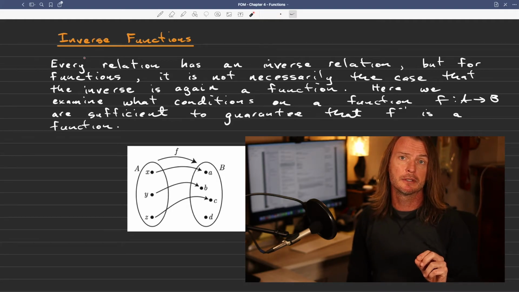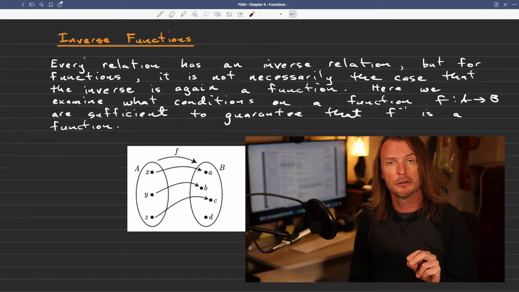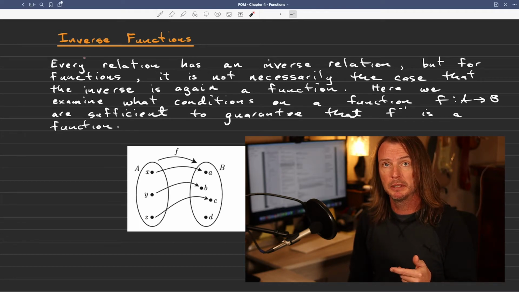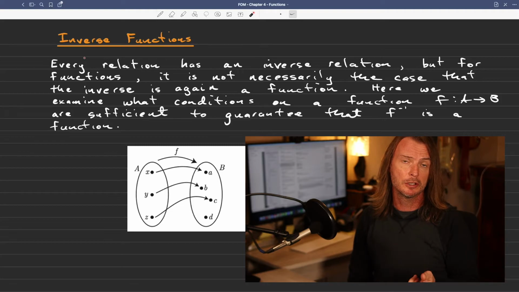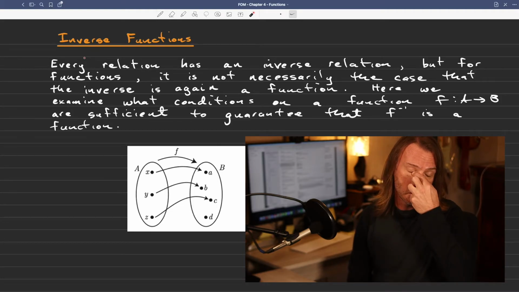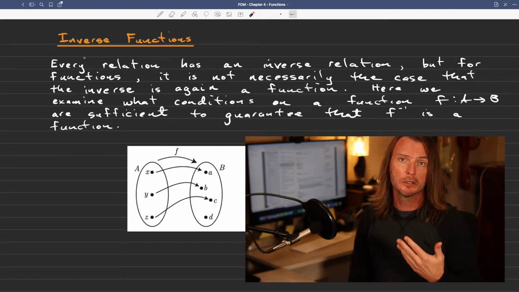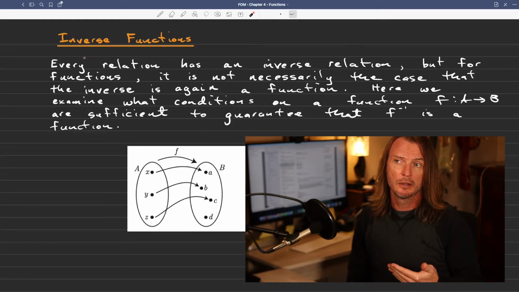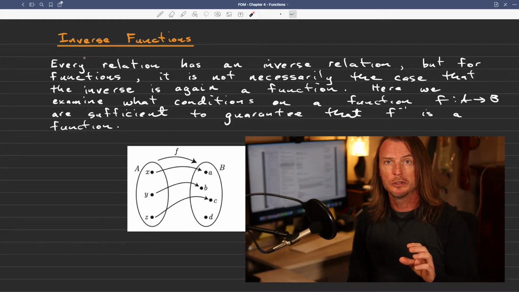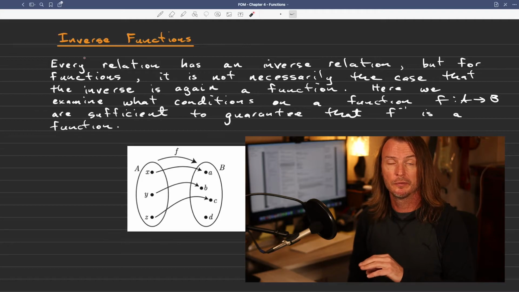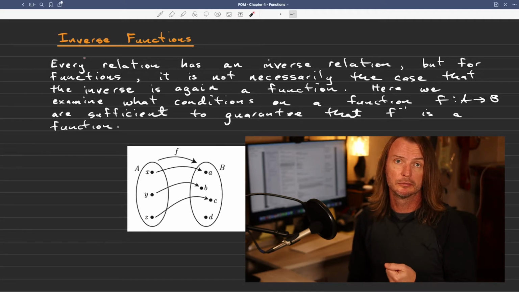The problem is that the inverse relation of a function may not itself be a function. So when you turn things around, you may not get a function. This is something we need to investigate. What are the conditions that guarantee that when you take the inverse of a function, you get back a function?